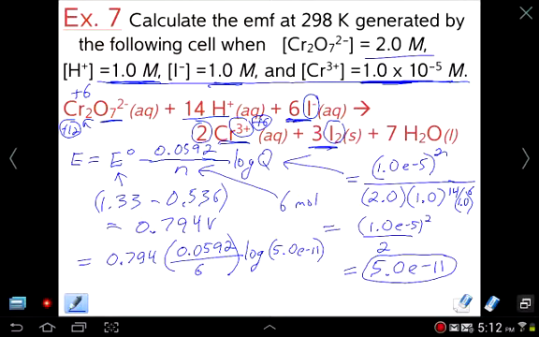First compute the log, and then we'll do the rest of it. So go ahead and compute the log, plug the number in. The log is negative 10.3.